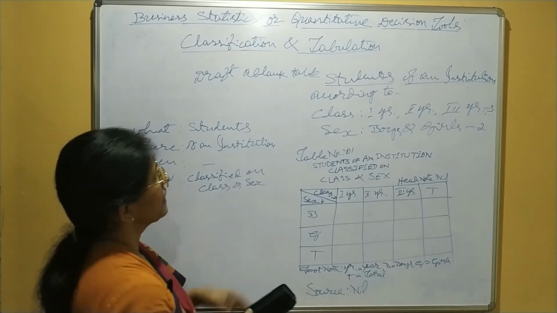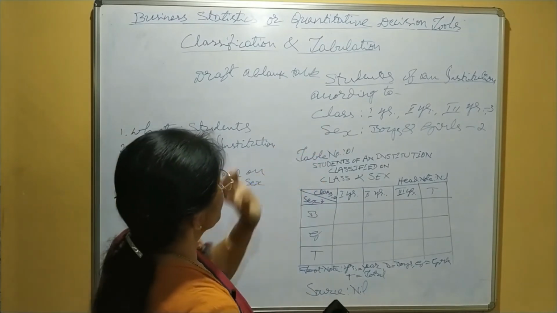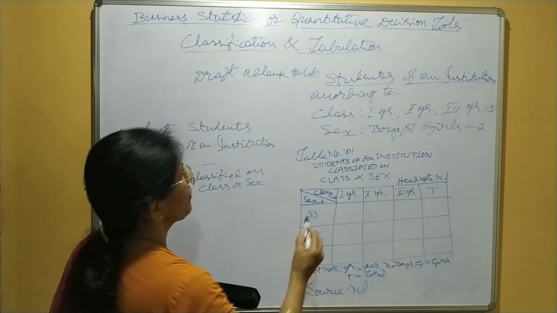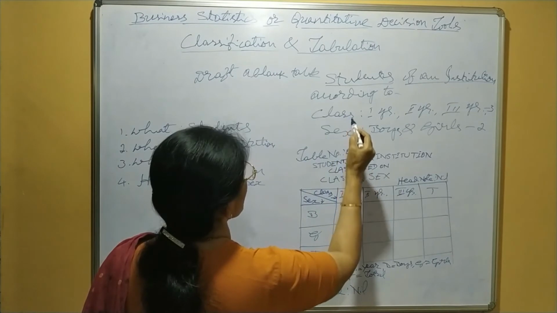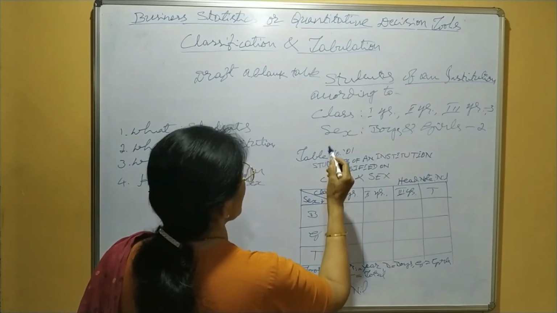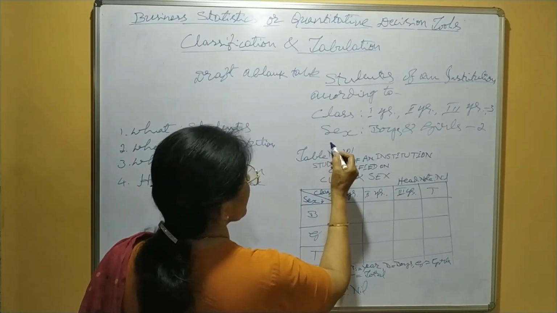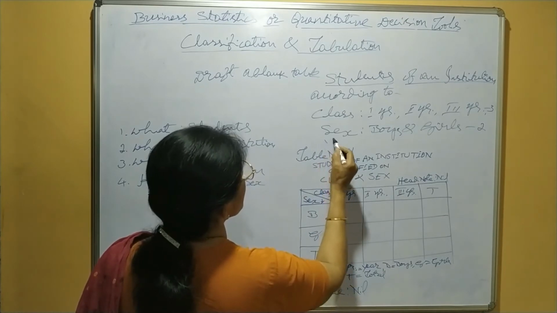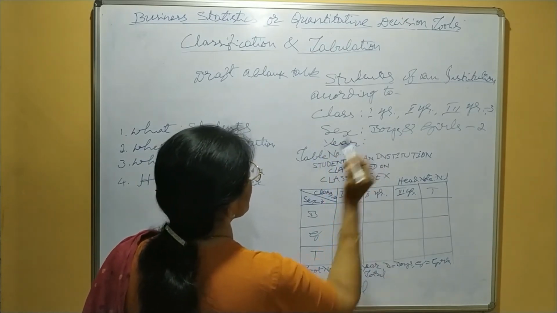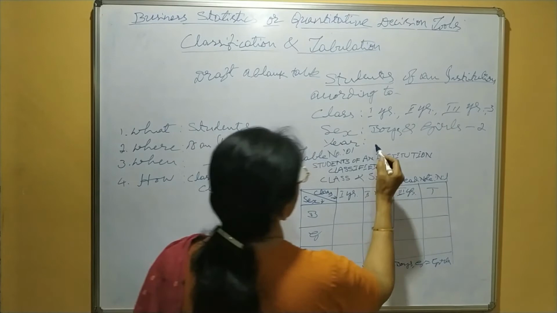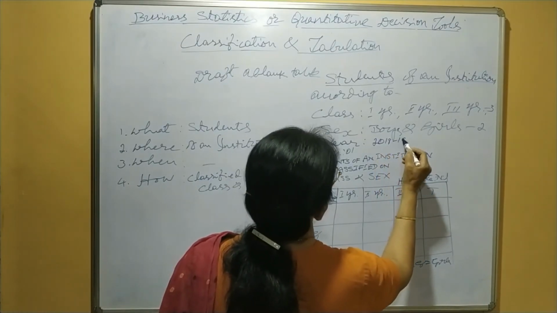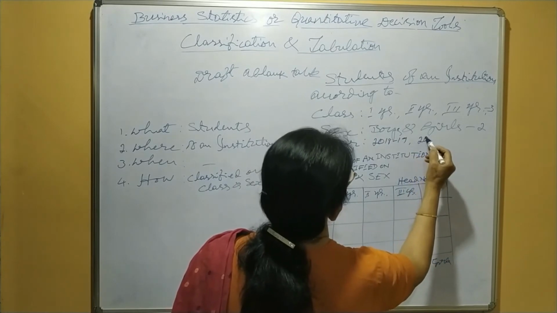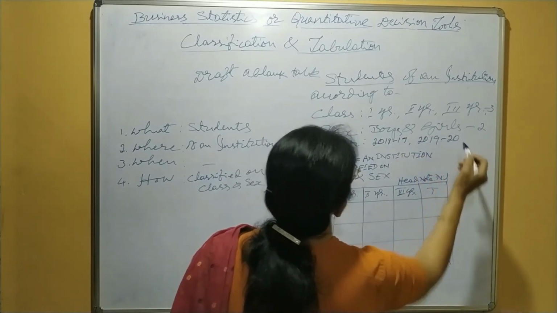Now, instead of 2 characteristics, if 3 characteristics are given, here class, sex, and the academic year, it may be given like this: 2018-19 and 2019-20.